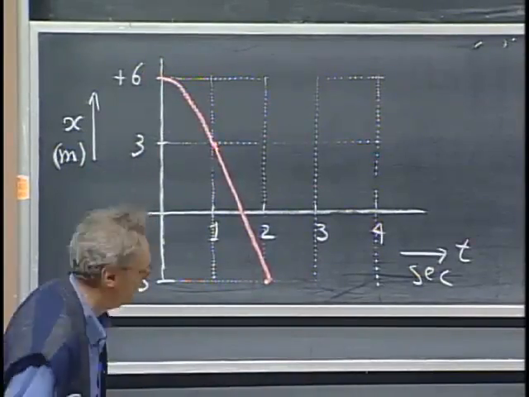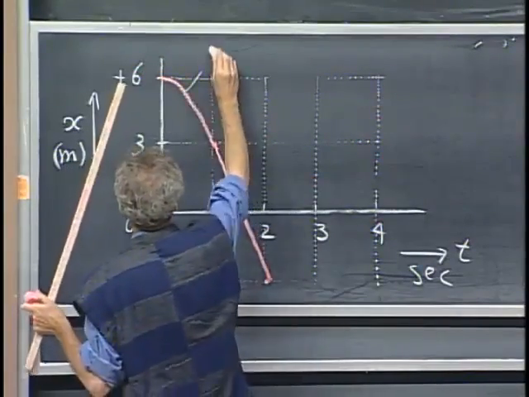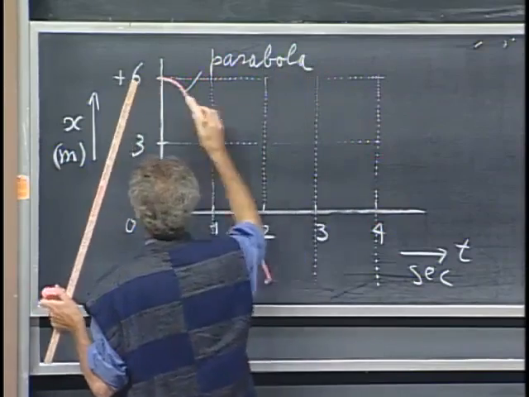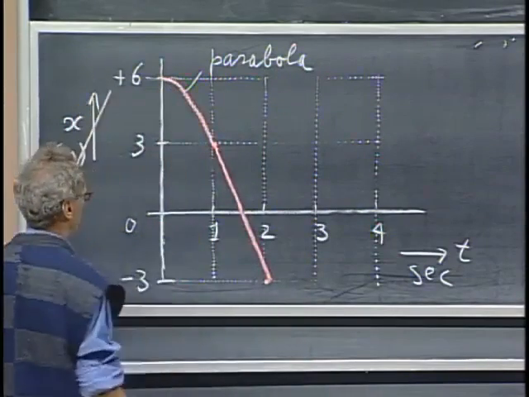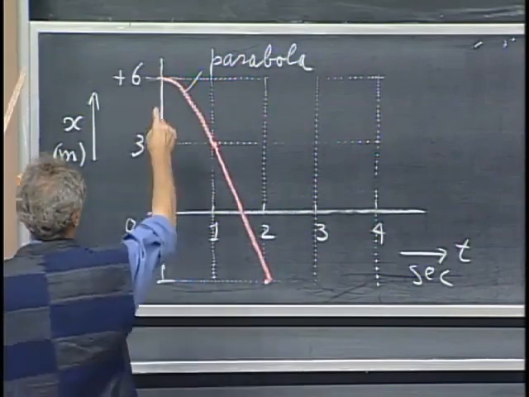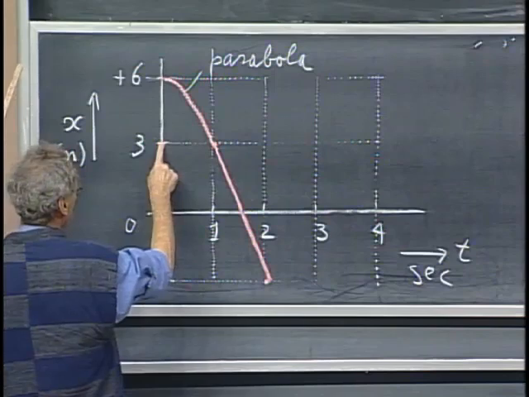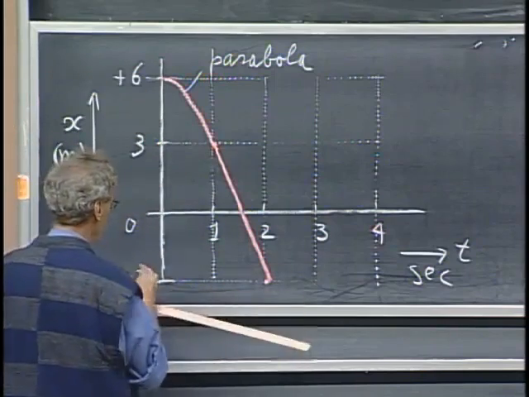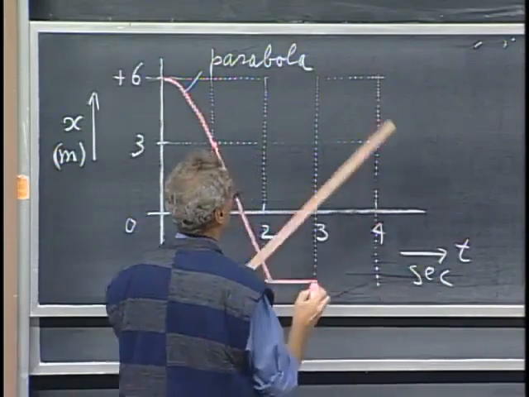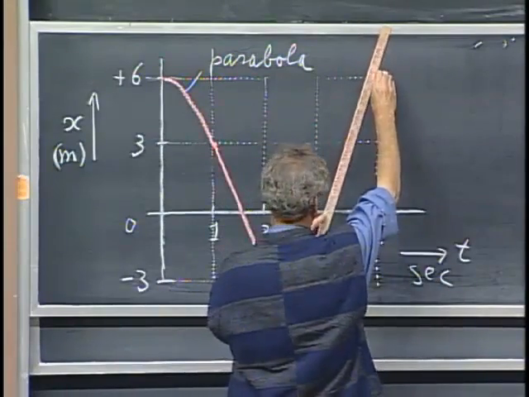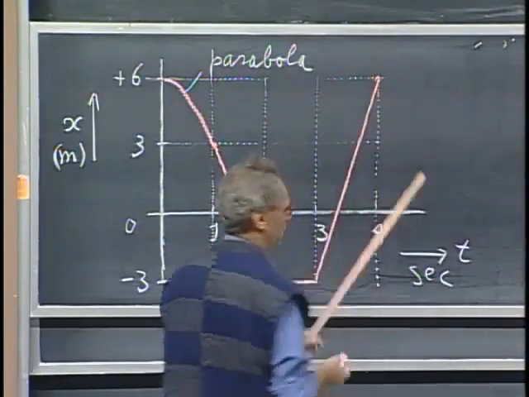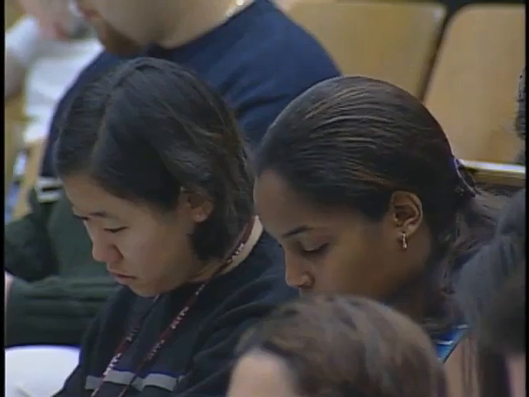That's important. You have to know that. So this is a parabola. And this here is horizontal. So the object goes from +6 to 3, then it goes to -3, then it stays there for 1 second, and then it goes back in 1 second to +6. It's a one-dimensional problem.